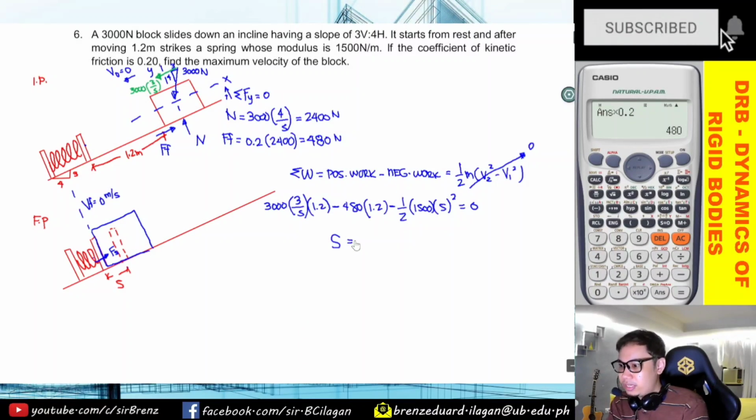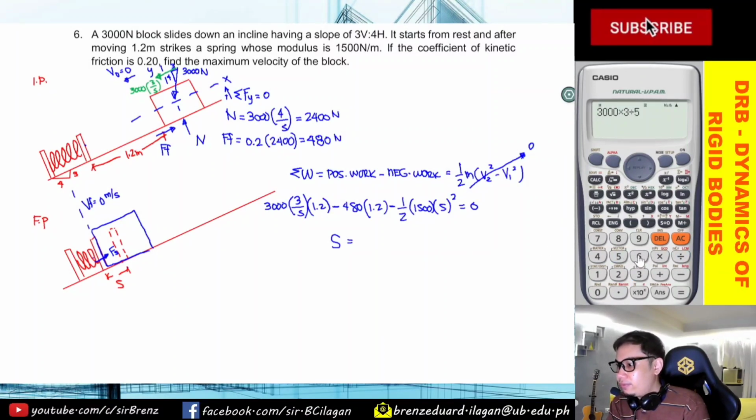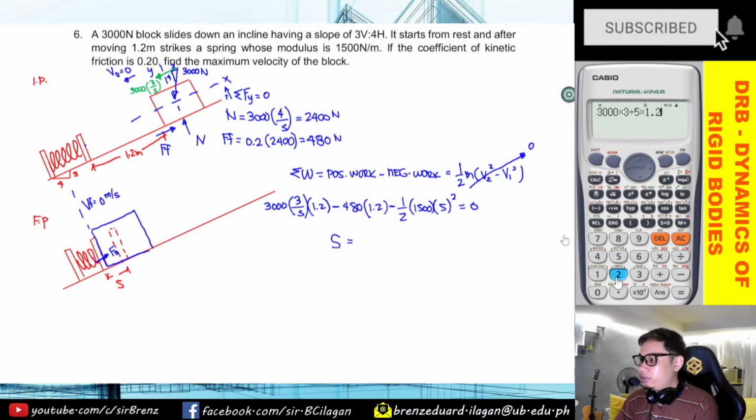Pindutin lang natin sa calculator. Itra-transpose ko na lang sa kabila, this part of the equation, lipat ko dito sa side na to. So 3,000 times 3 divided by 5 times 1.2, and then minus 480 times 1.2.